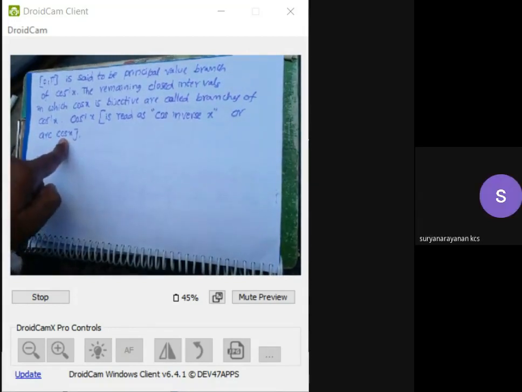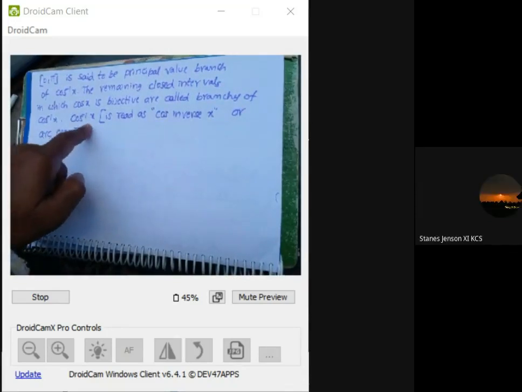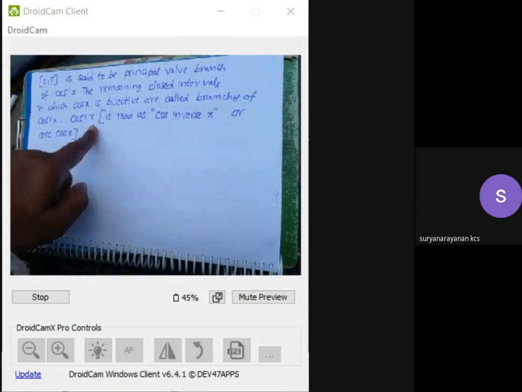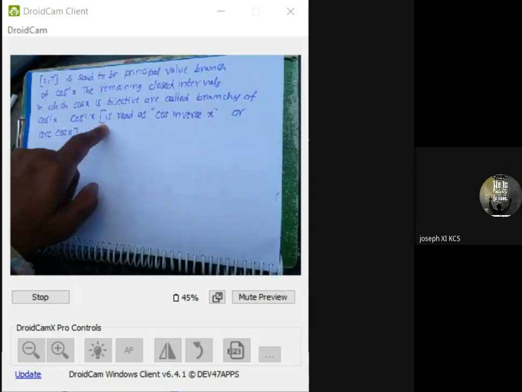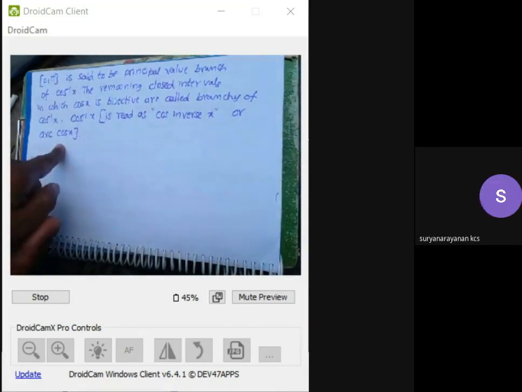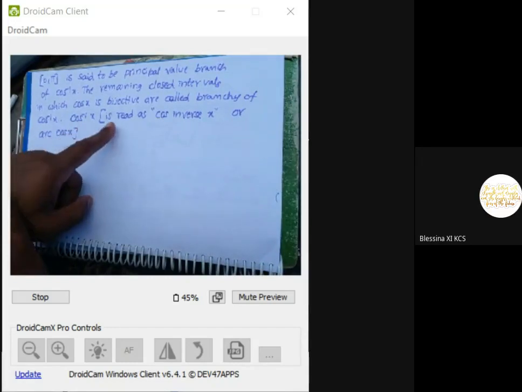Very good. Krupal, it's your turn. It is read as cos inverse x or arc cos x. Very good, Krupal. Stan Jensen, it is read as cos inverse x or arc cos x. Joseph, it is read as cos inverse x or arc cos x. Last and final, Blessina. Sir, it is read as cos inverse x or arc cos x.